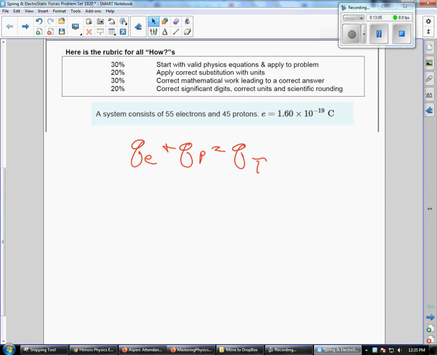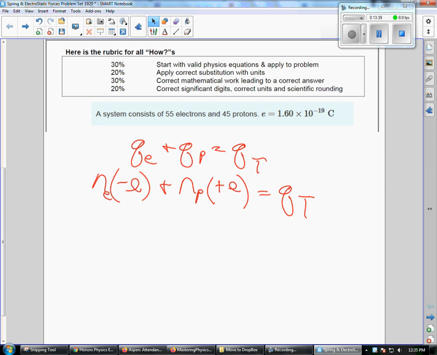Does that make sense? The charge because there's electrons would be the number of electrons times the charge on each electron, which is negative e, plus the total charge of the protons would be the number of protons times positive e, and that would give us our total or net charge.